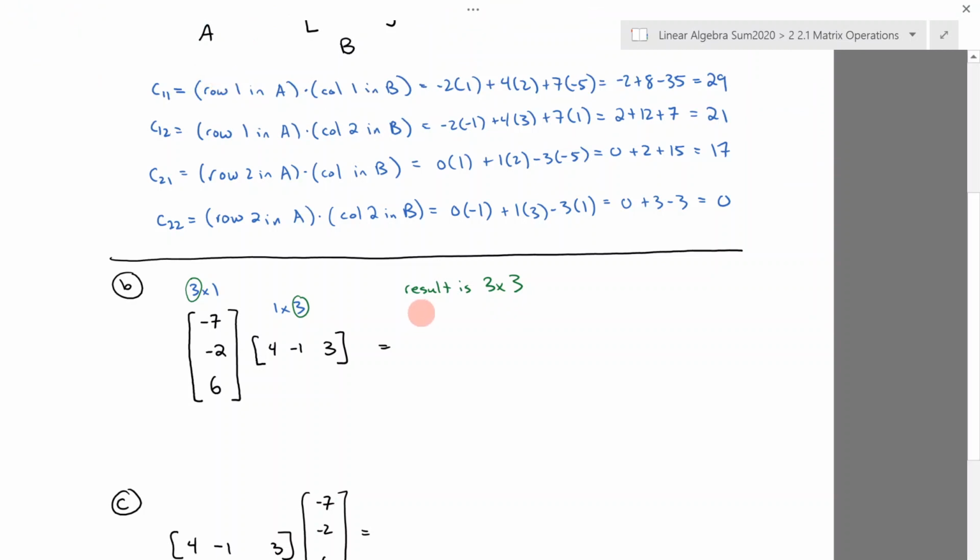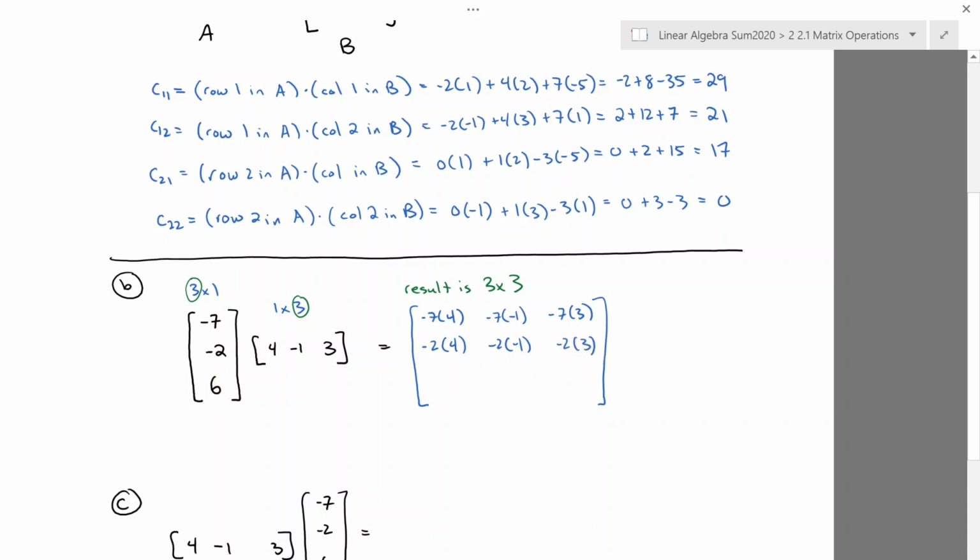Okay, so calculating it, what do we get? First row here, first column here, that's -7 times 4. First row, second column, that's -7 times -1. First row, third column is -7 times 3. Then continuing with the other entries, we move to the second row: -2 times 4, then -2 times -1, and then -2 times 3.